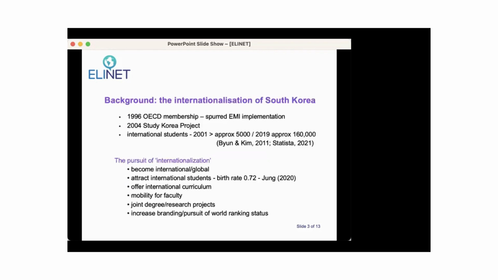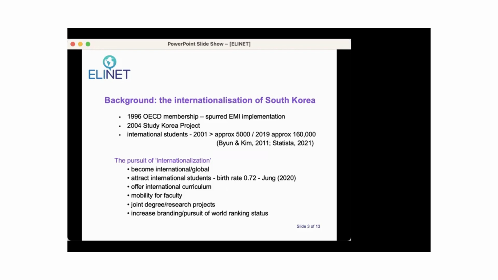On this slide, I provide an overview of the background to internationalization in South Korea. In 1996, when South Korea joined the OECD, this opened the doors for universities to pursue internationalization.